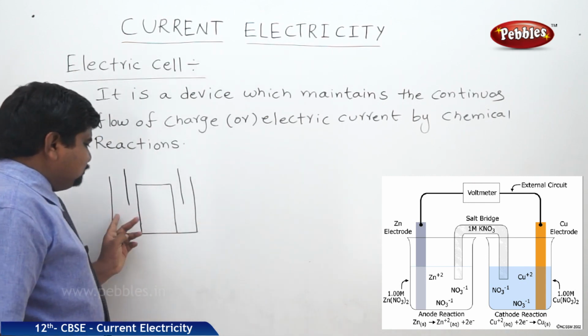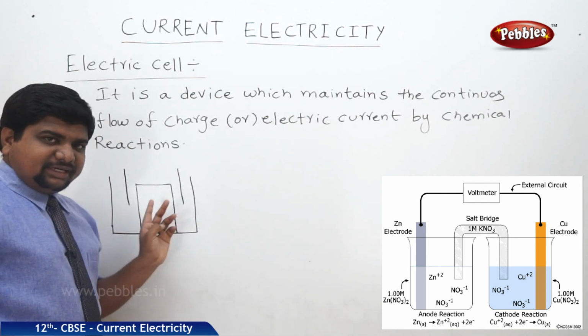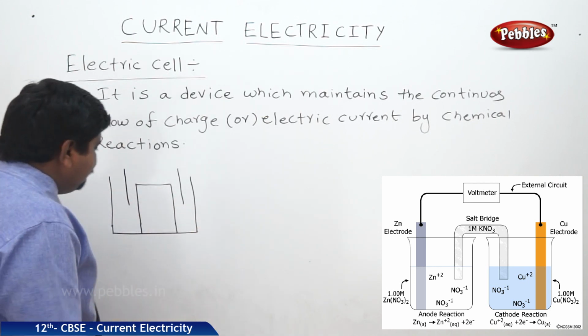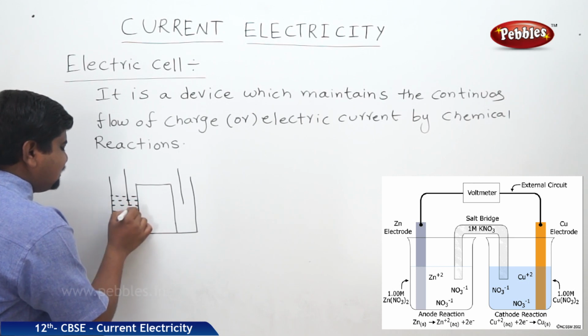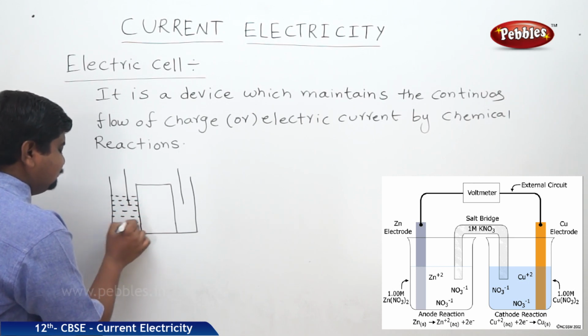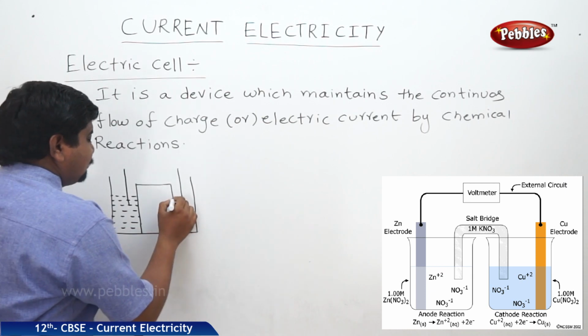It is very difficult to suspend these two electrodes which are metal rods like this. That's why we will pour some acid. This acid acts as an electrolyte solution. That's why this cell is called an electrolyte cell.